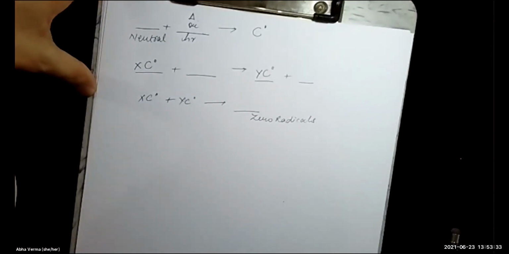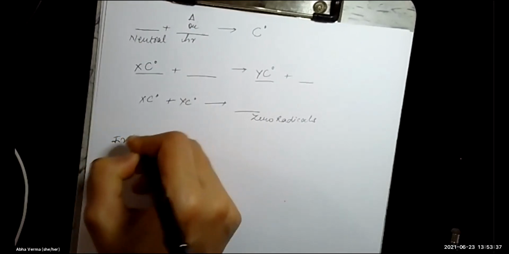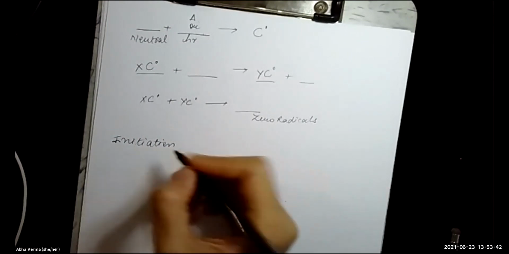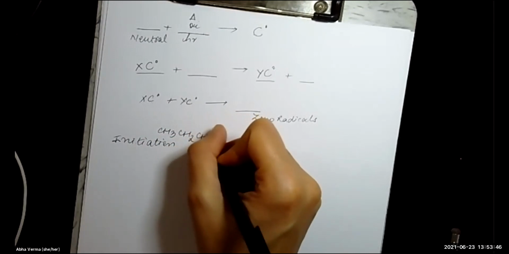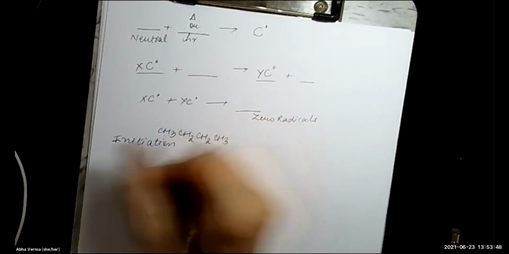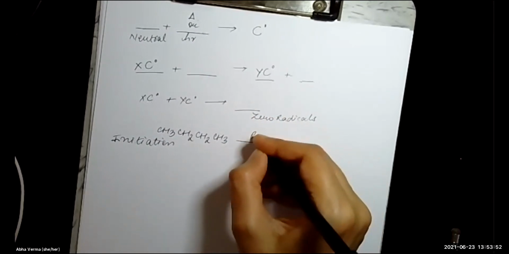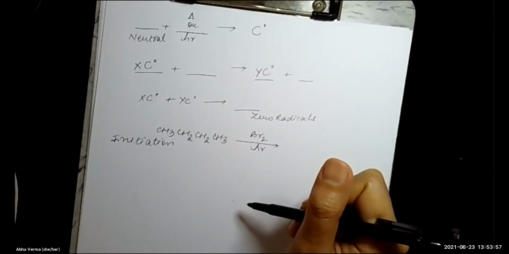So, initiation. Let's do the reaction of CH3, CH2, CH2, CH3. What do I have here? I have butane and I have the conditions for a radical reaction.